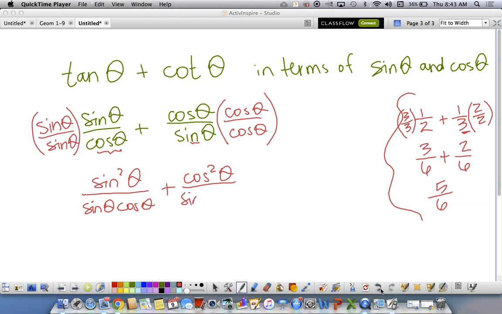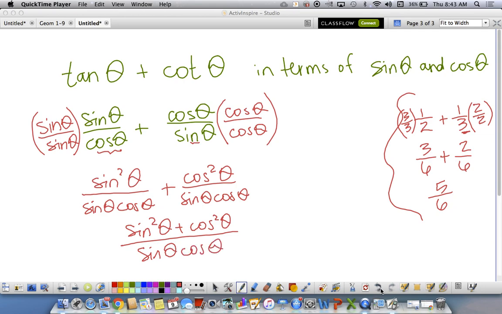Sine theta, cosine theta. So now that we have common denominators, can we add these things together? Yes. So what do we do with the top? You simply add them. Sine squared theta plus cosine squared theta. But then we have the denominator as just sine theta times cosine theta.